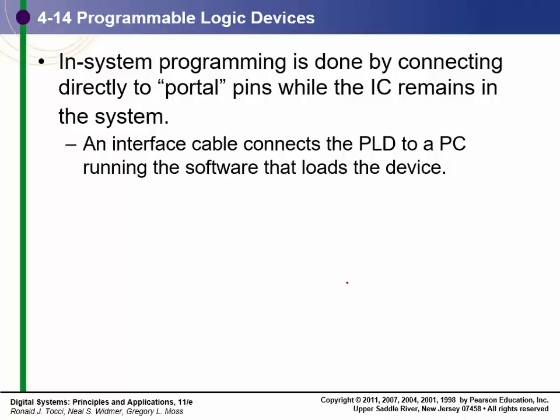Some components, some parts, PLDs are reprogrammable, some are OTP. OTP means one-time programmable. The parts that I typically have used in more recent years have been the reprogrammables because I'm only working at the prototype level. When it goes into production, typically you would switch to an OTP part.